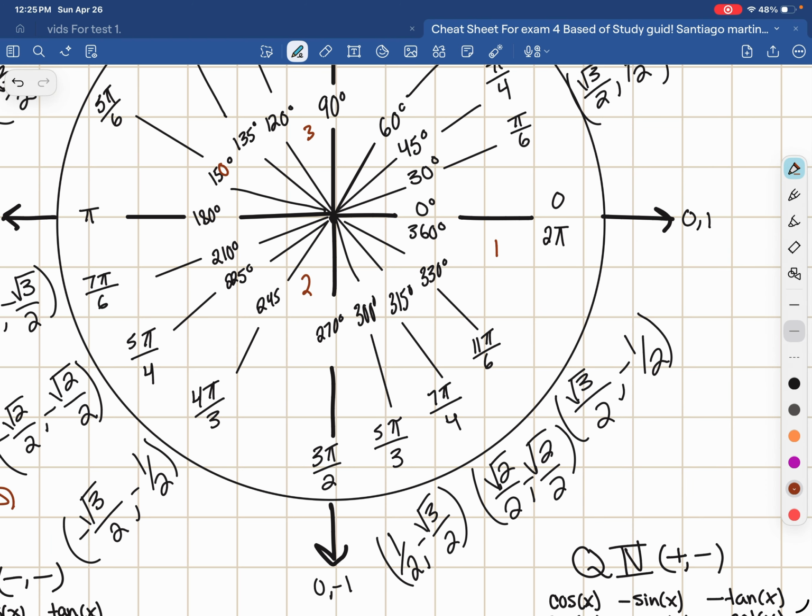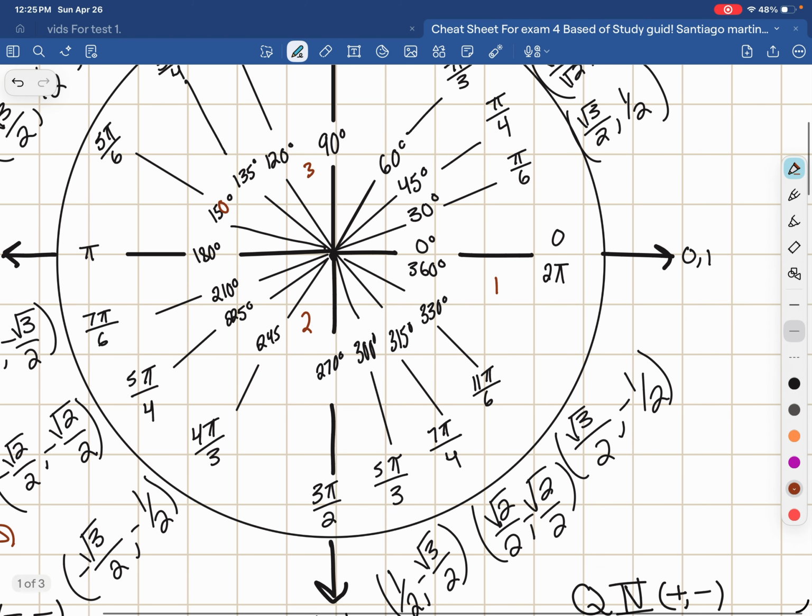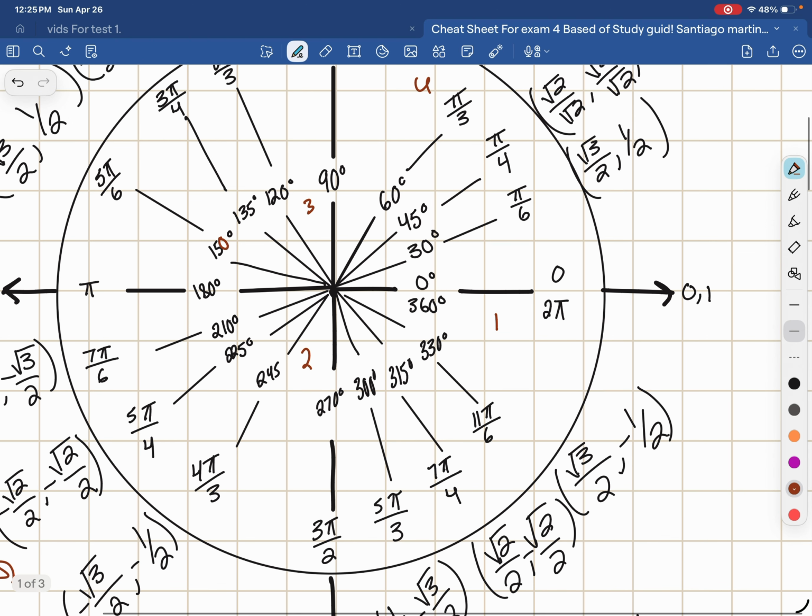So all our angles flop, right? So 0 becomes 360 and 360 becomes 0. And then we move to 30, 45, 60, then 90, right? And so forth. So now that we're at 90 on the negative side, we see what angle that actually corresponds to on the other side.